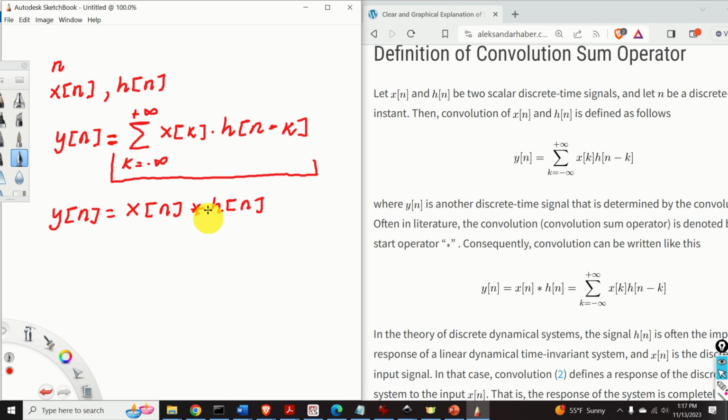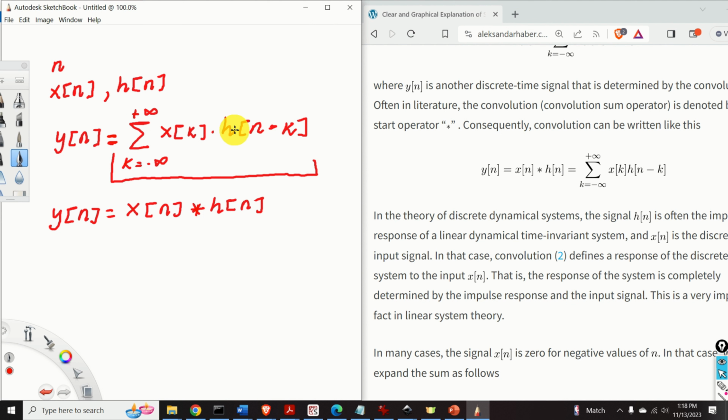In the theory of discrete time dynamical systems, the signal h of n is often the impulse response of a linear time invariant dynamical system, and x of n is the discrete time input signal. In that case, this convolution defines the response of the discrete time system to the input x of n. That is, the response of the system is completely determined by the impulse response and the input signal. Again, the impulse response is h and the input signal is x.